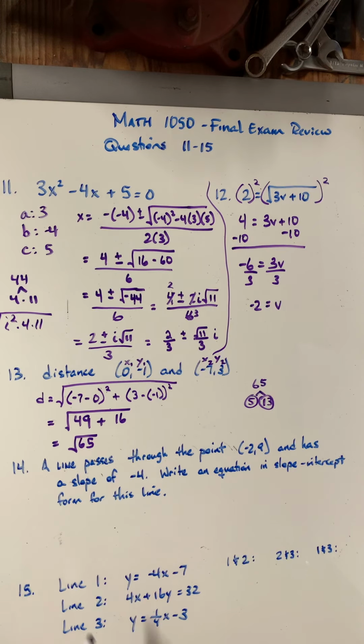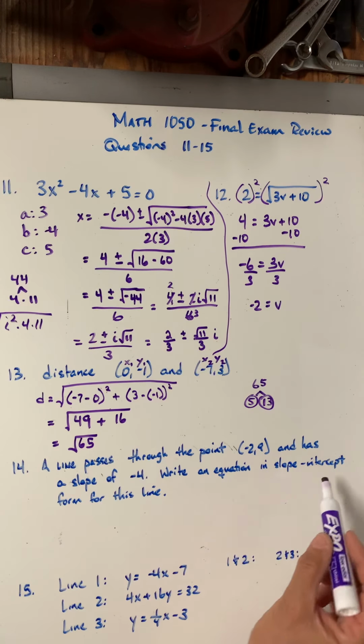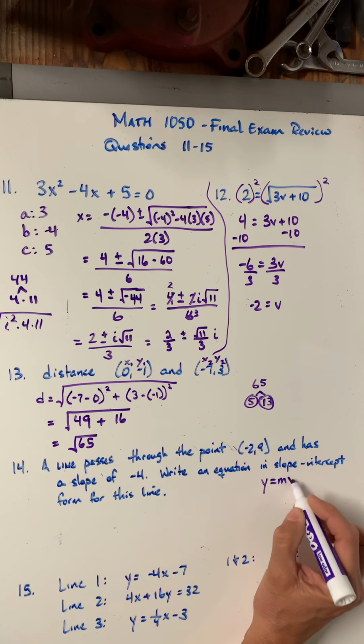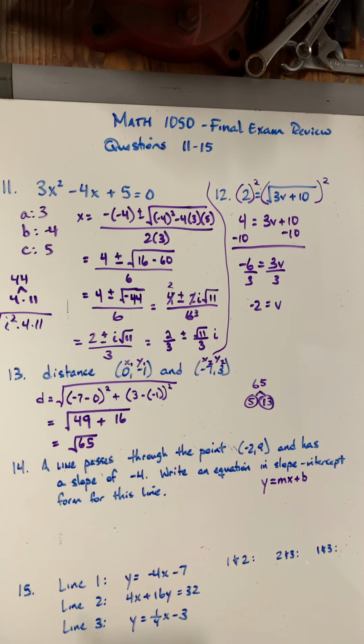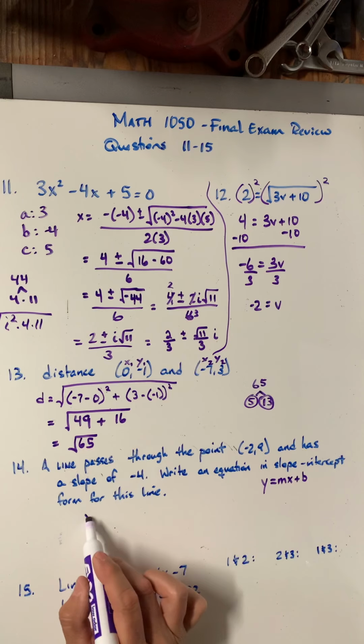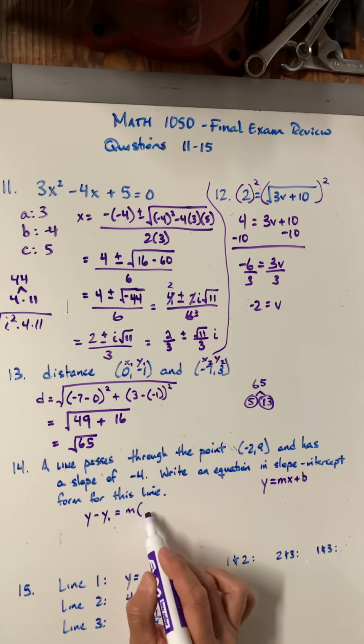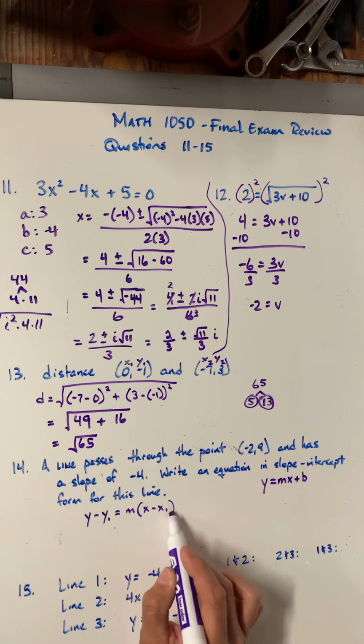Number 14 says a line passes through the point -2, 9 and has a slope of -4. Write an equation in slope-intercept form. Slope-intercept form looks like this, y equals mx plus b, for this line. So I would use the point-slope formula, which looks like this. y minus y1 equals m times x minus x1.